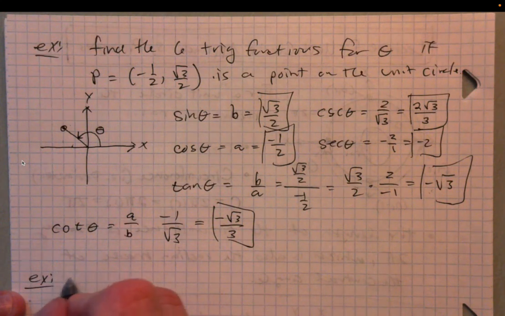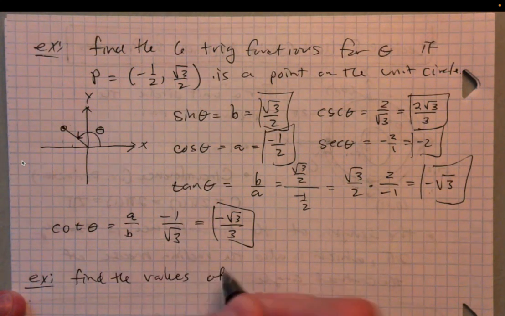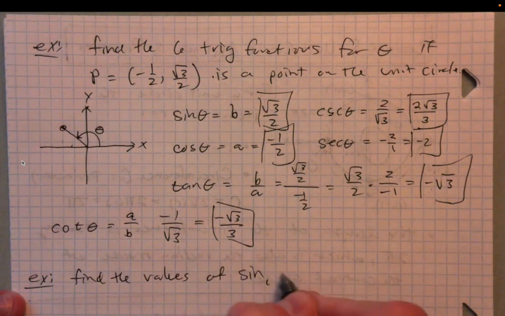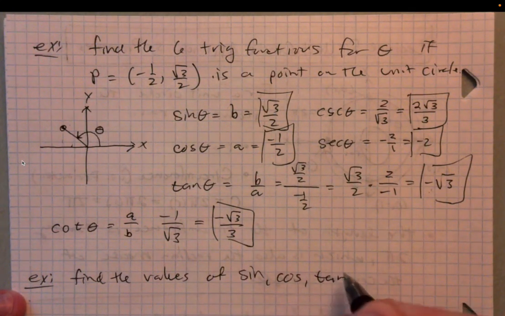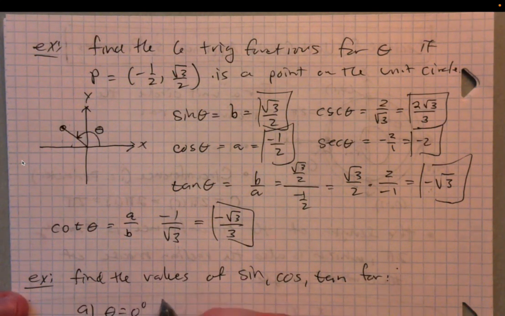Let's find the values of sine, cosine, tangent for, say, A: theta equals 0 degrees, which is the same as theta equals 0 radians.